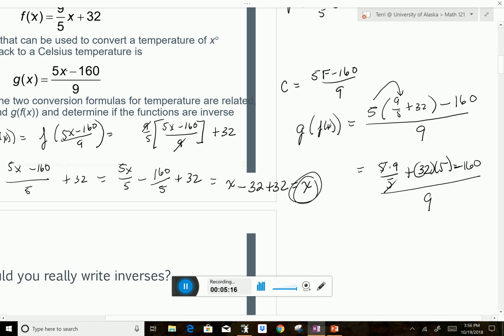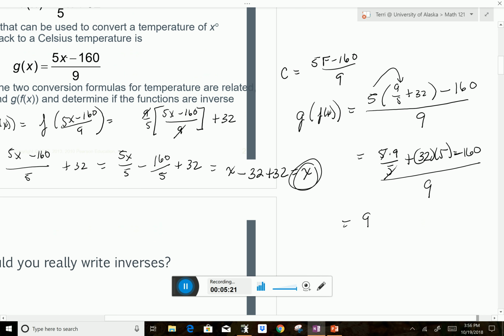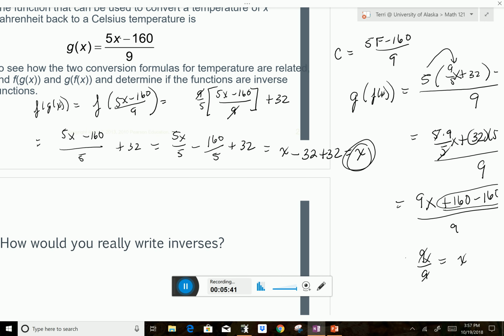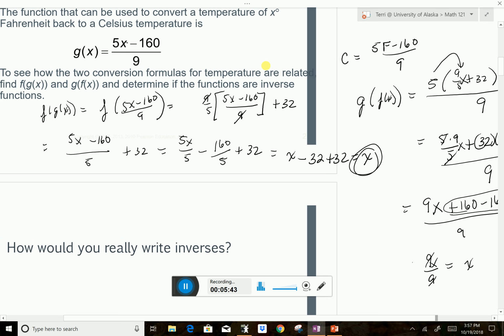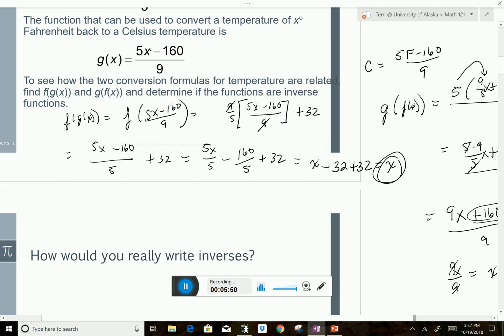So these 5's cancel. I have 9x plus 160 minus 160 over 9. Now I have 9x over 9 because my 160s cancel to 0, and cross off my 9s and I have x. So again, this is like converting a Fahrenheit temperature to Celsius and then converting it back to Fahrenheit. I'm going to end up with what I started with again.